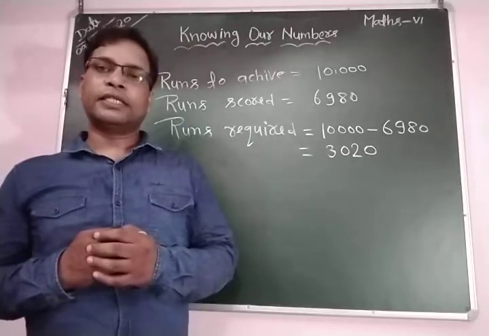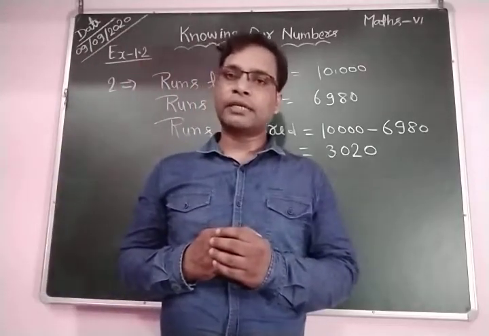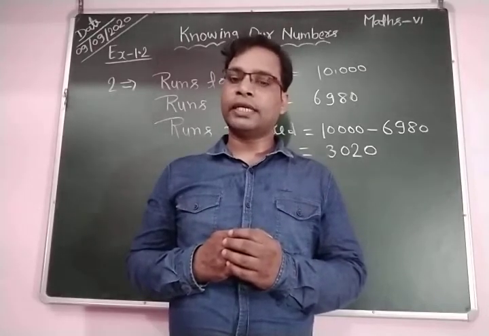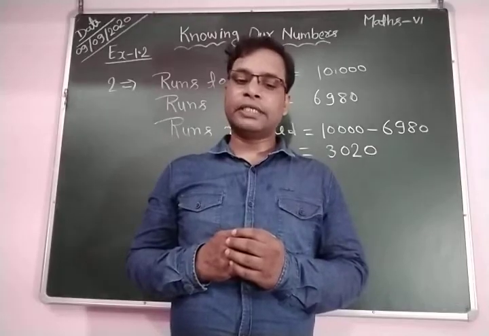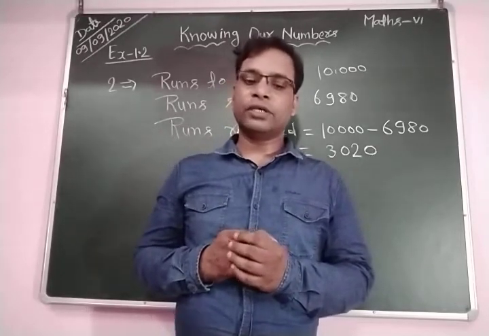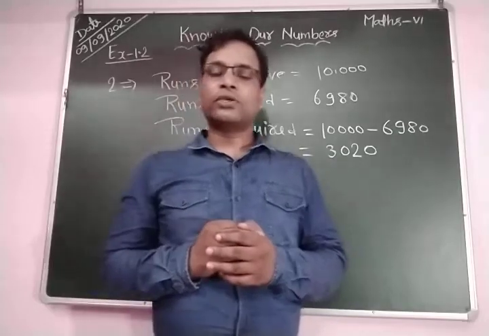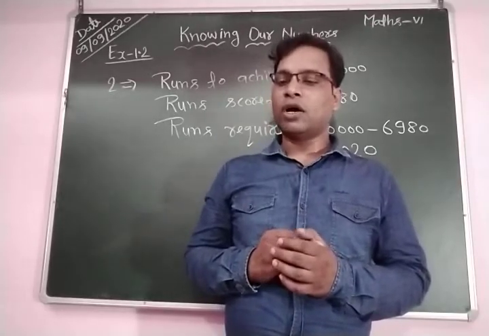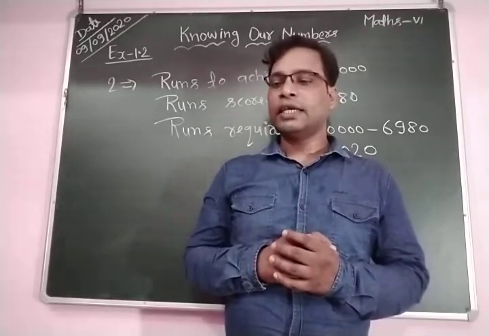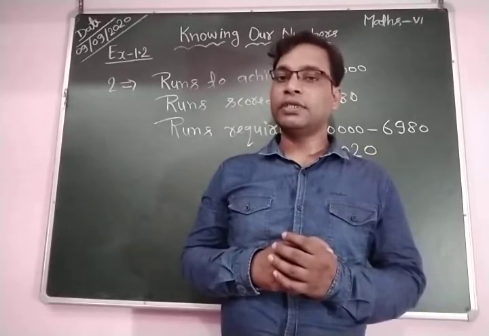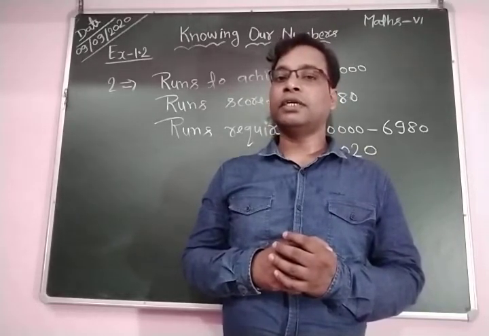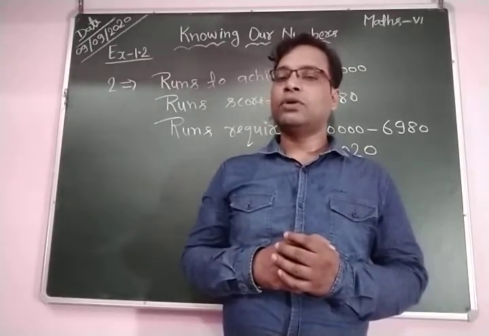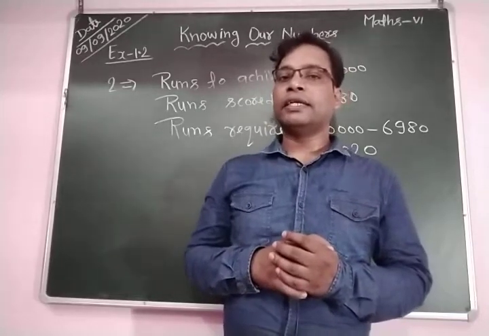In this question, it is given that Sekhar is a famous cricket player. He has so far scored 6,980 runs in test matches, but he wishes to complete 10,000 runs. The question asks how many more runs he needs. If you subtract 6,980 from 10,000, then you obtain 3,020. This is the runs required to complete 10,000 runs.